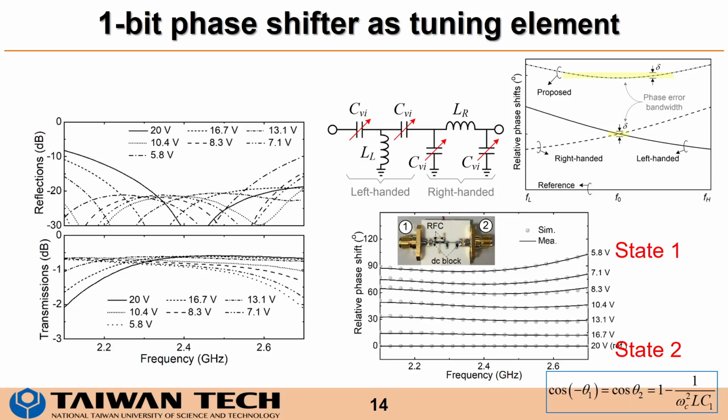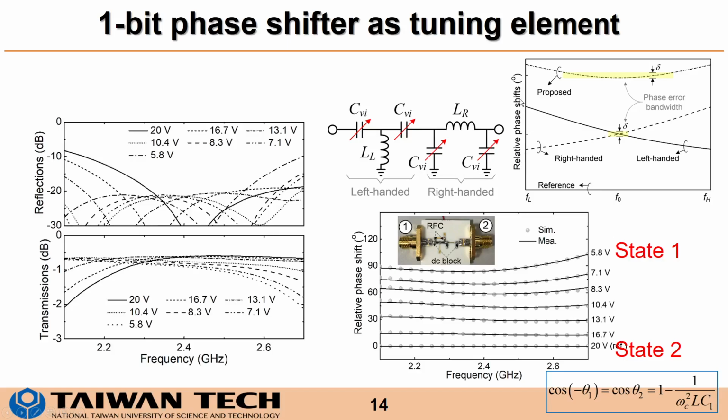And the next one is the 1-bit phase shifter as a tuning element. In this design, we try to implement a very flat relative phase shift when we change the frequency of the structure. This structure is basically built by the left-hand and right-hand synthesized transmission lines.